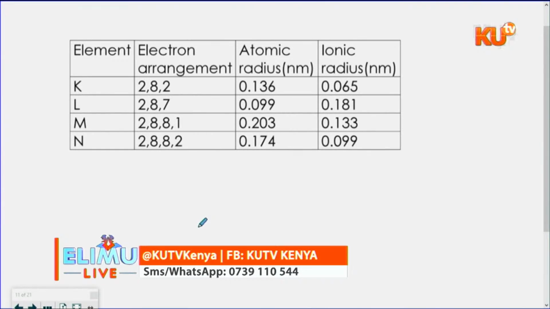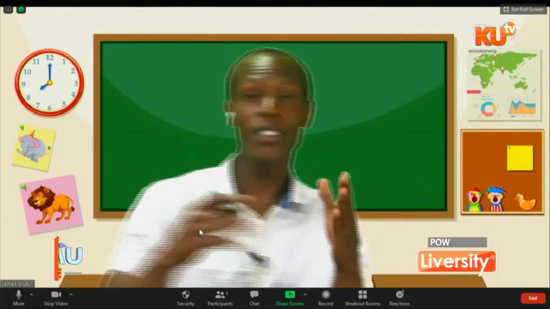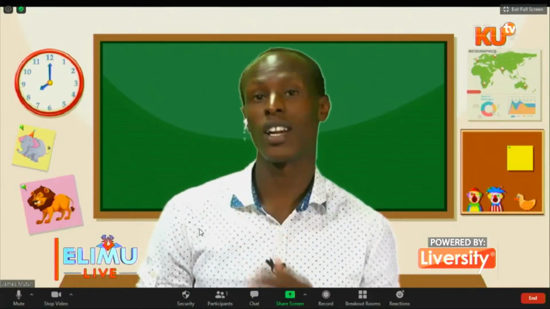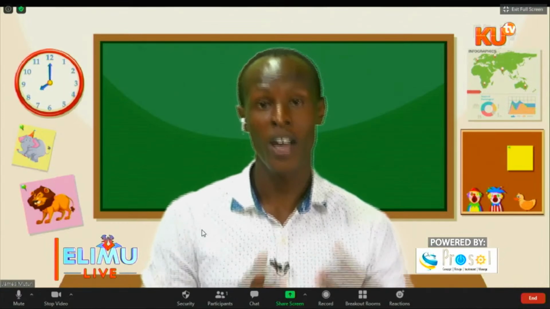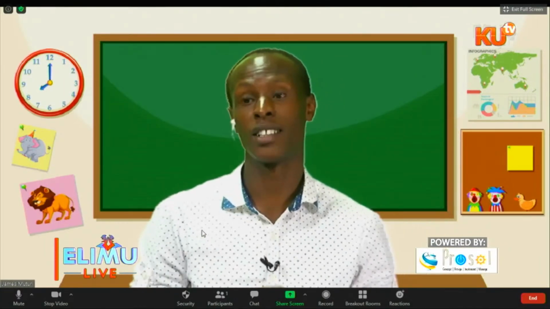If you analyze your element K, the electron arrangement is 2:8:2. Electron arrangement can give you a lot of information. The number of outermost electrons tells you the group to which the element belongs. The number of energy levels tells you the period to which the element belongs.